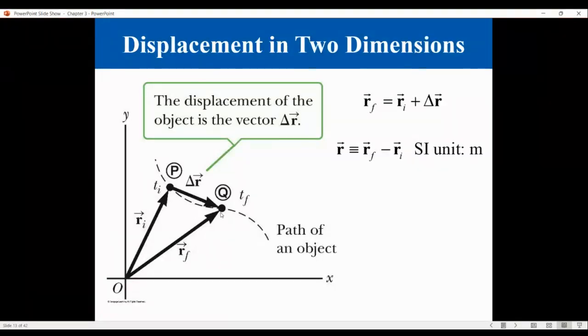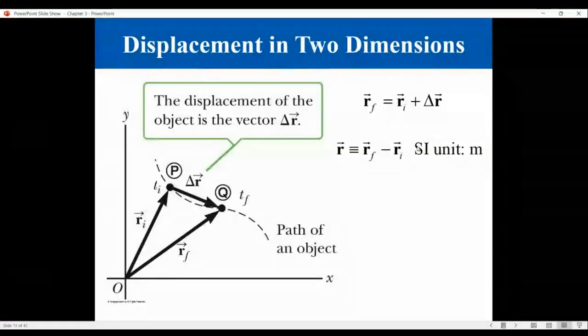However, what I want to make you aware of for two-dimensional motion is that in the first dimension, it was just x, y, or changing y, changing x.